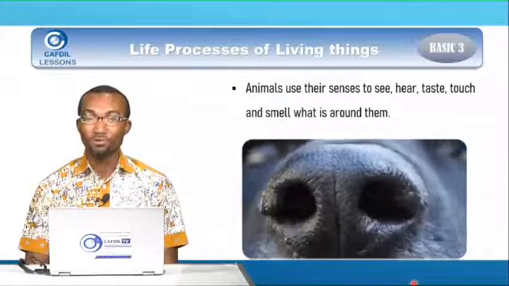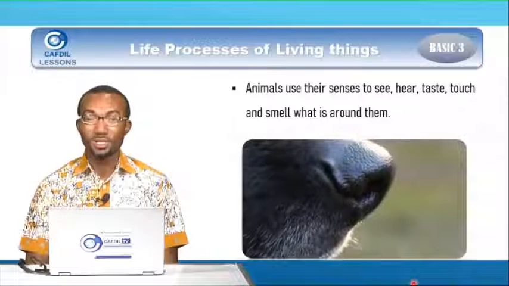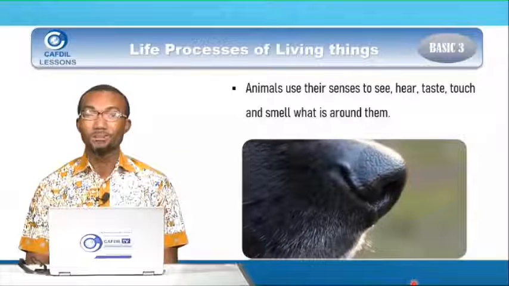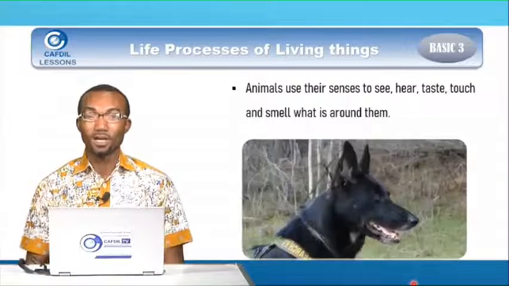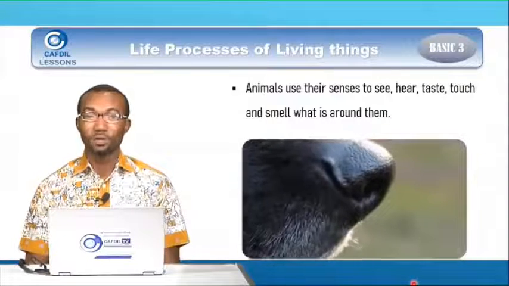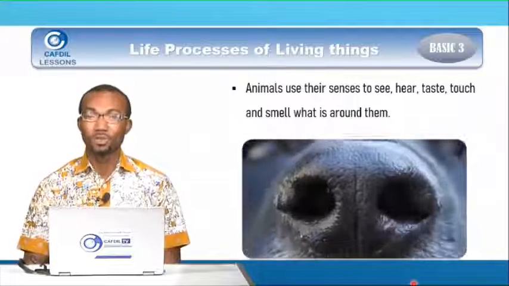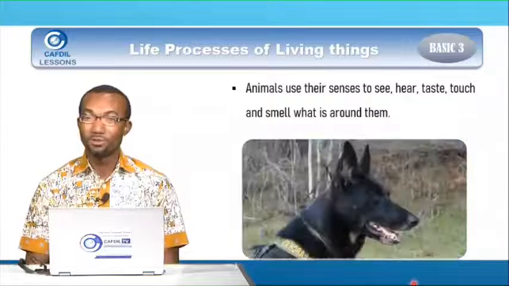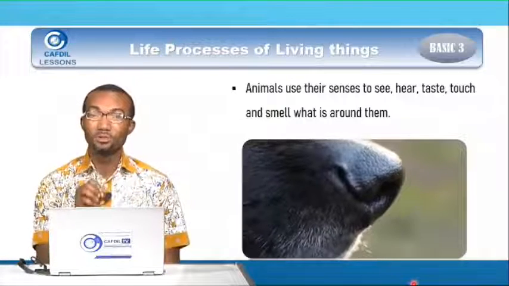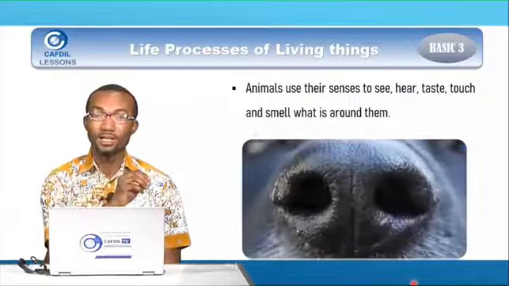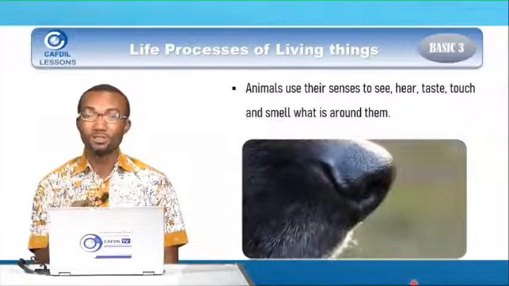So one of the powerful sense organs of dogs, the dogs that we have at home, is their nose. They can smell a lot of things. So when you are taking your dog out, or when a dog is moving out to a place that is unknown to him, I believe you remember what they do. When they reach any place, they will urinate. Then they reach another tree, they will urinate on the stem or the base of the tree.